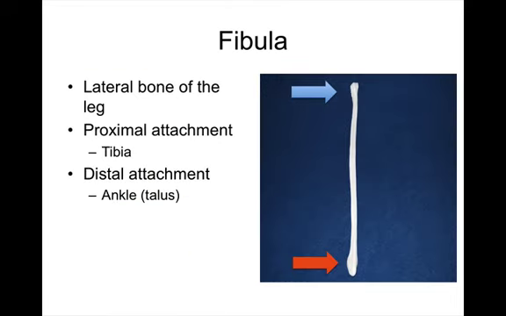The fibula is the lateral bone of the leg. Proximally, it attaches to the lateral part of the tibia. Again, there's a smooth surface on the lateral tibia to allow for the fibula to make a connection. And then distally, it anchors the lateral part of the primary ankle joint at the talus.